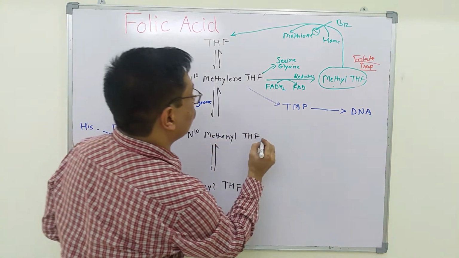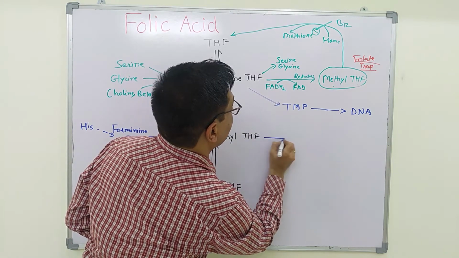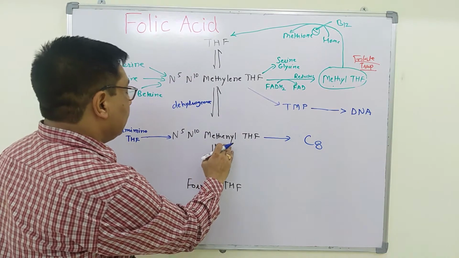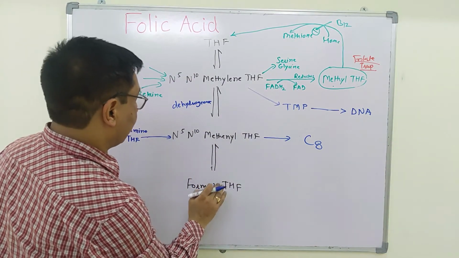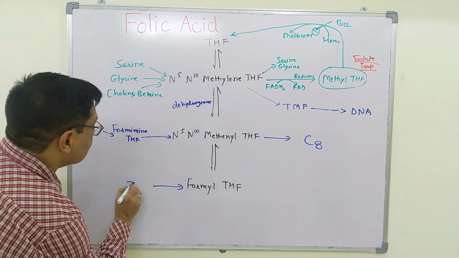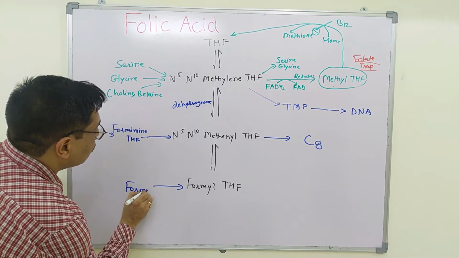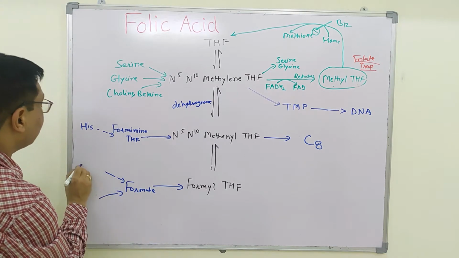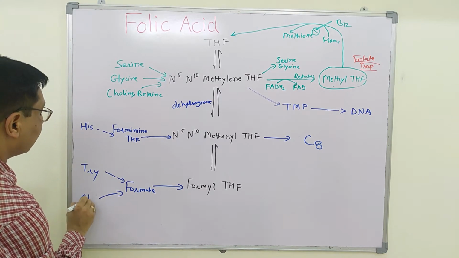N5,N10-methylene tetrahydrofolate contributes to C8 of purine. It can be converted to formyl tetrahydrofolate, and formyl tetrahydrofolate can also be formed from formate, which is formed during tryptophan and glycine metabolism.